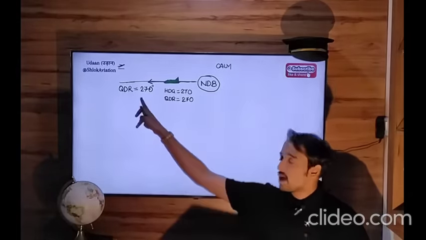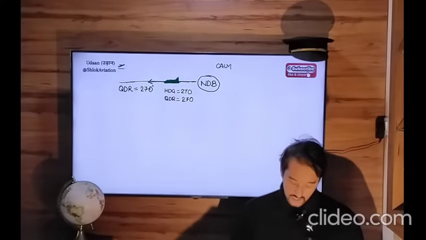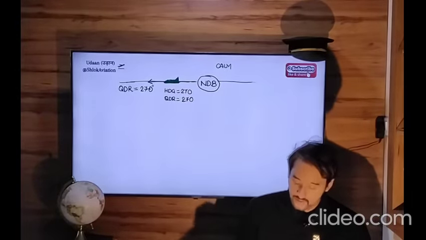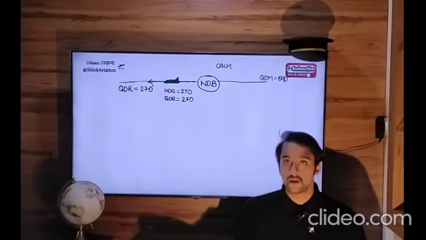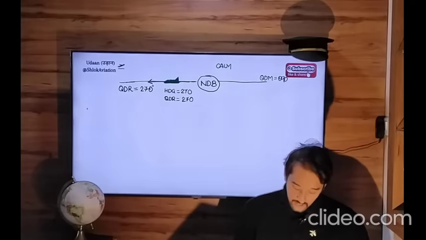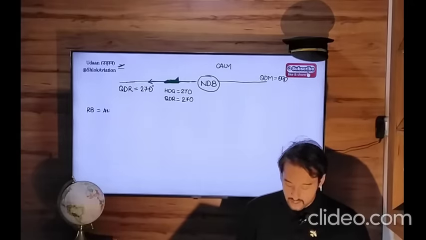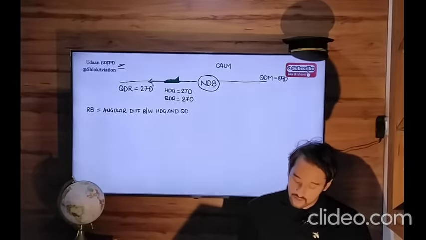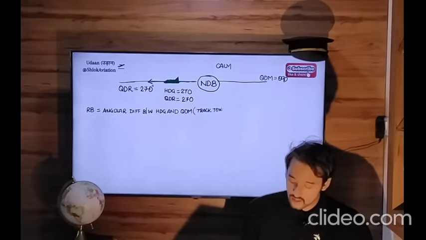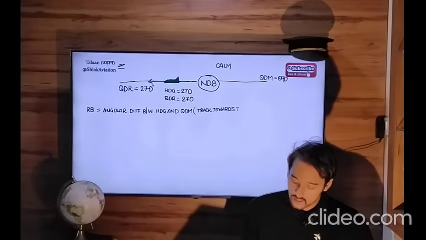Now whenever you draw QDR, also draw QDM, which is track towards the station. Same goes with VOR. So QDM is towards the station, 090 degree inbound. Now relative bearing is the angular difference between your aircraft heading and QDM, the track towards the station.